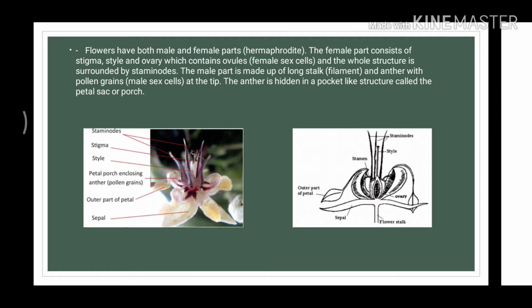The flowers have both male and female parts on the cocoa tree. The female part consists of the stigma, style, and ovary, which contains the ovules, and the whole structure is surrounded by staminodes. The male part is made up of a long stalk and an anther with pollen grains at the tip. The anther is hidden in a pocket-like structure called the petal sac or pouch.